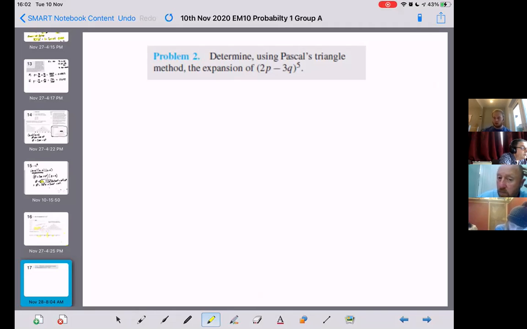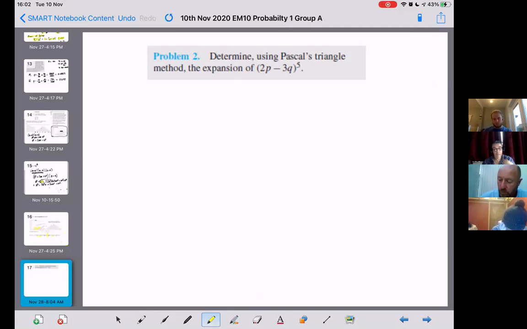Hang on. 2p and 3q at the top. How does the Pascal's triangle go? So we'd start off with the 2p and 3q at the top.